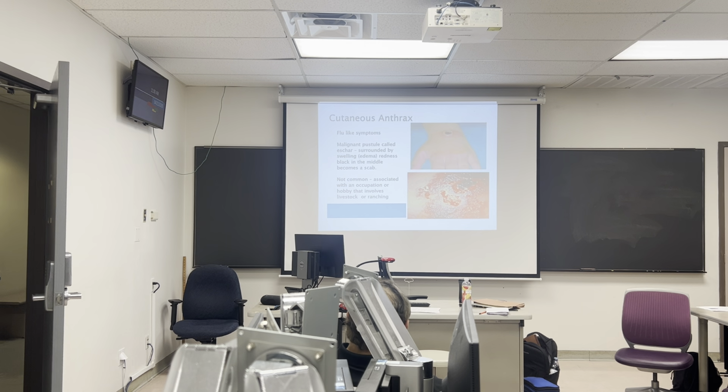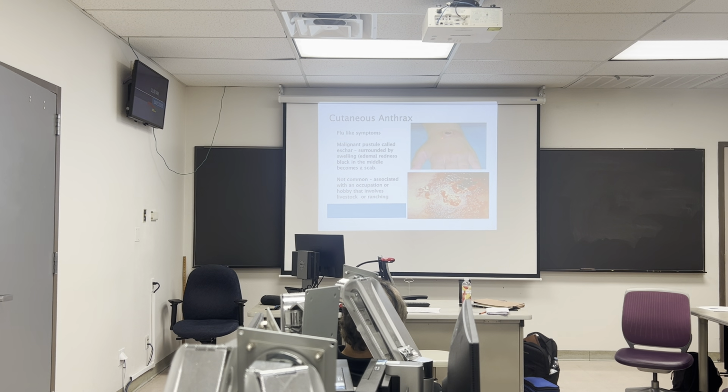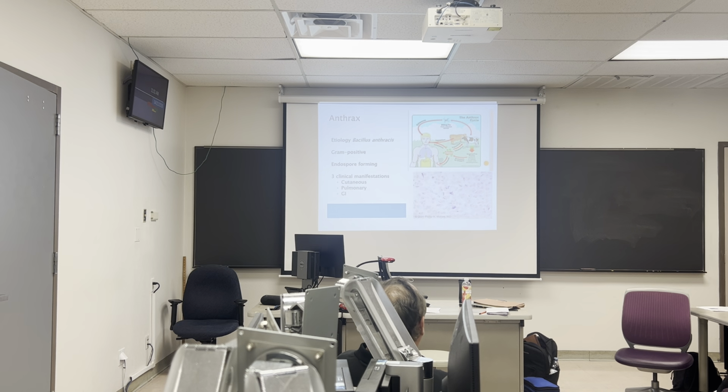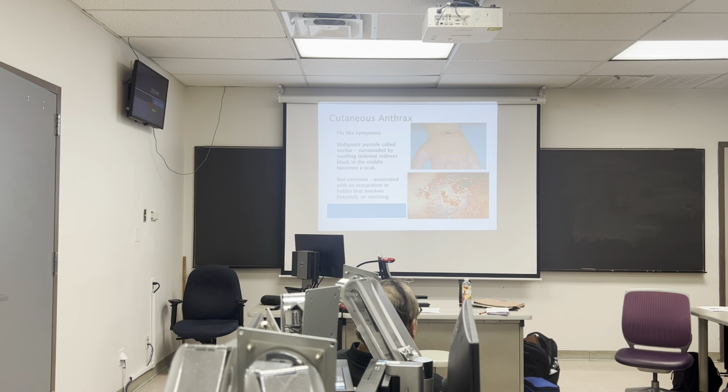Okay. This is the cutaneous form. It's on the skin. It's more common. And Bacillus anthracis is in a lot of places. Any place where there's domestic animals, and I'm not talking about cats and dogs, I'm talking about sheep and cattle and horses, you're going to have this organism. It's zoonotic. It's with them all the time, right? That's why I have a picture of all these animals. But here you can see there's an eschar.